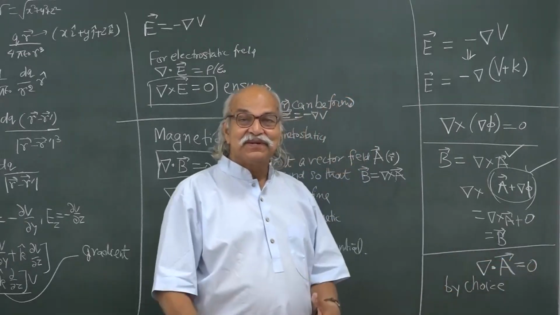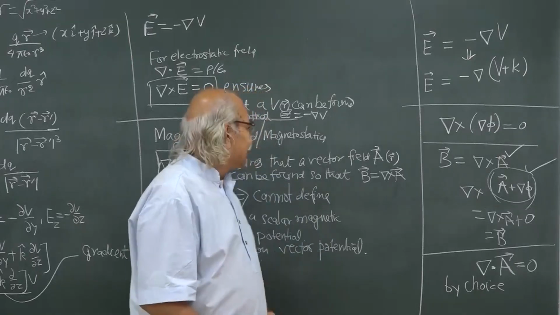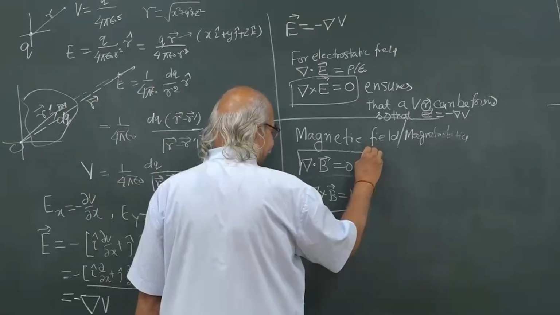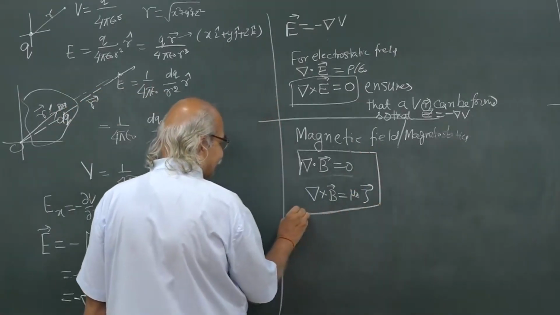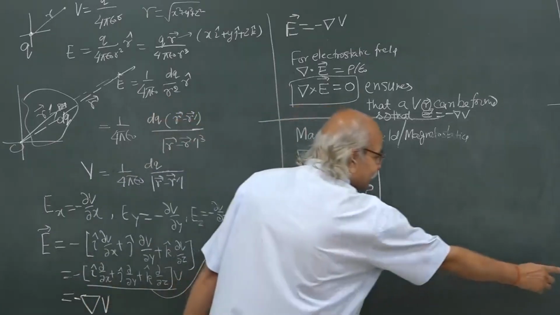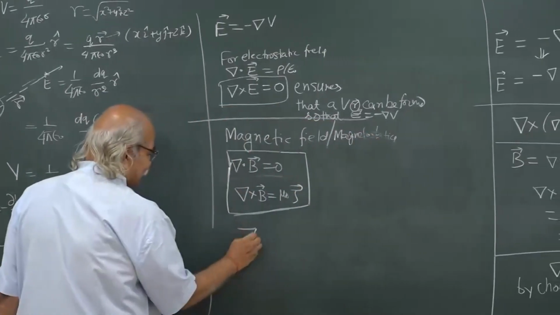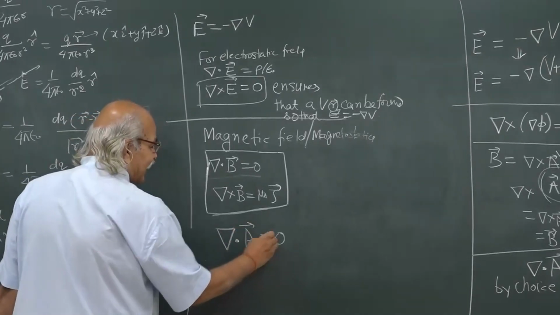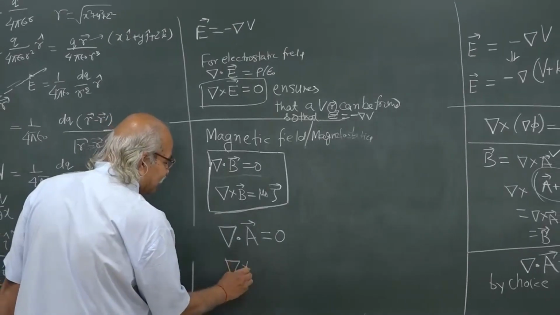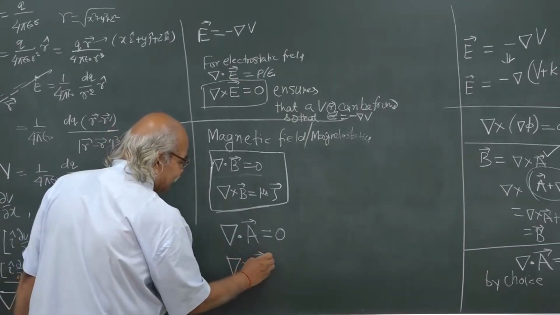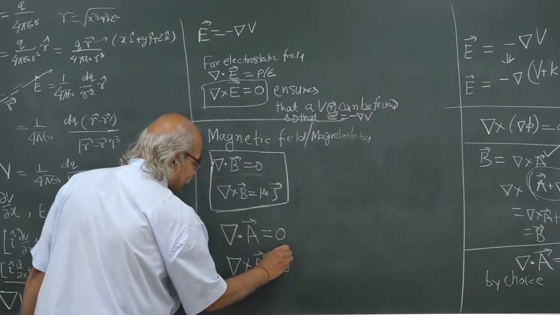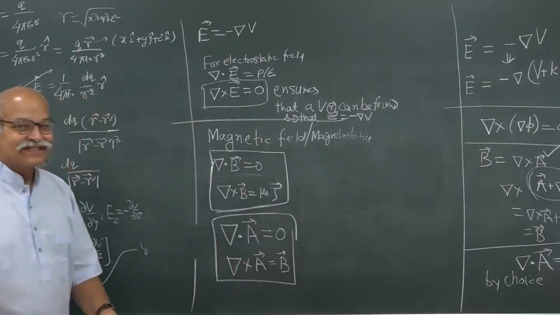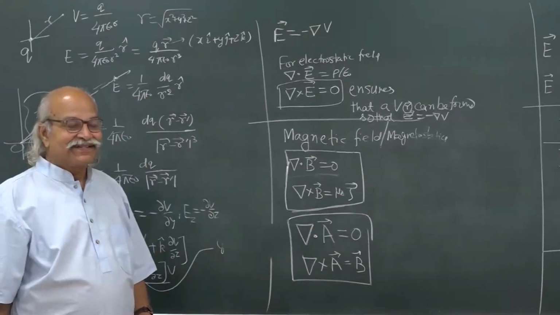And then comes another beautiful pair of equations, let me write it here. Divergence of A is 0, my choice, and curl of A is B, definition. Compare this pair of equations and this pair of equations: identical mathematical structure.